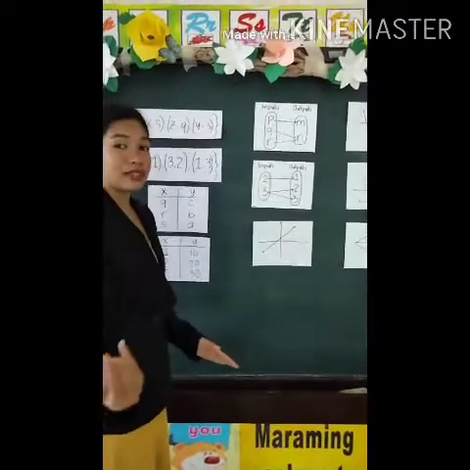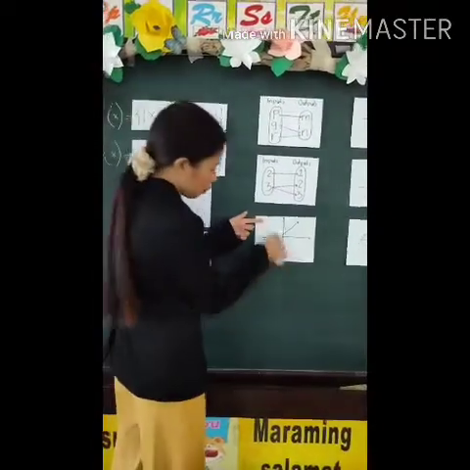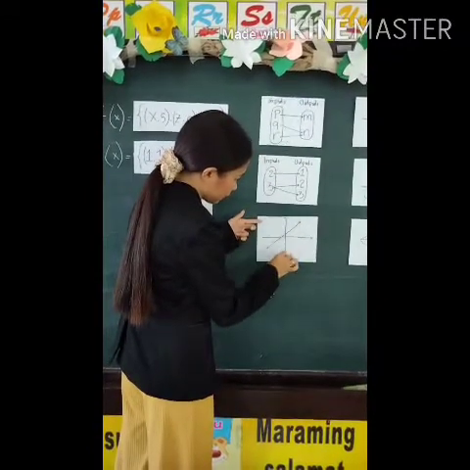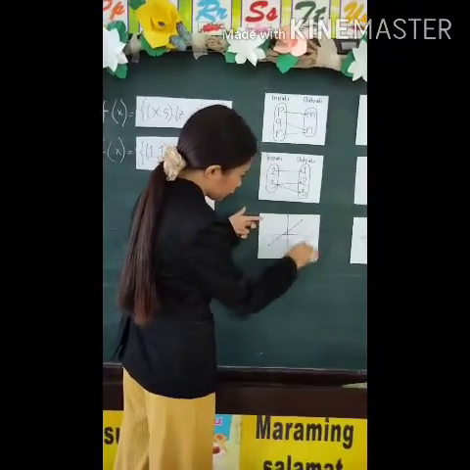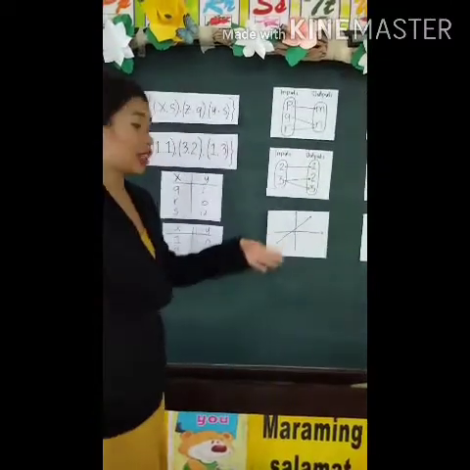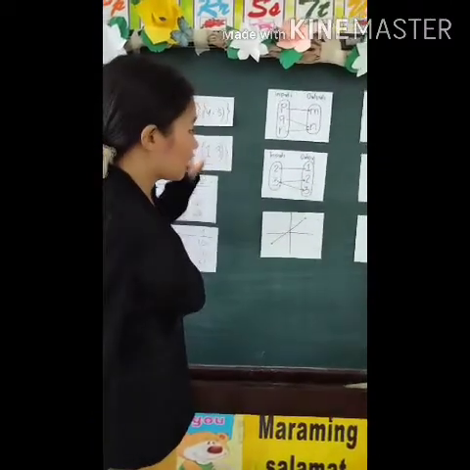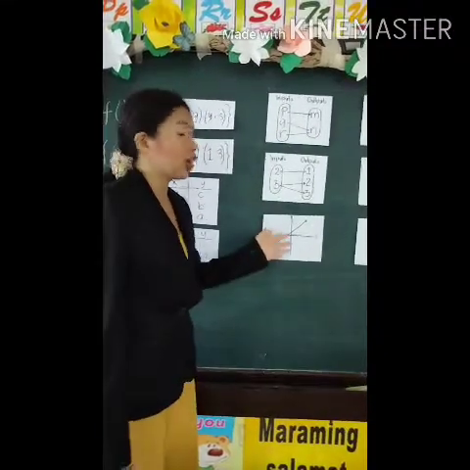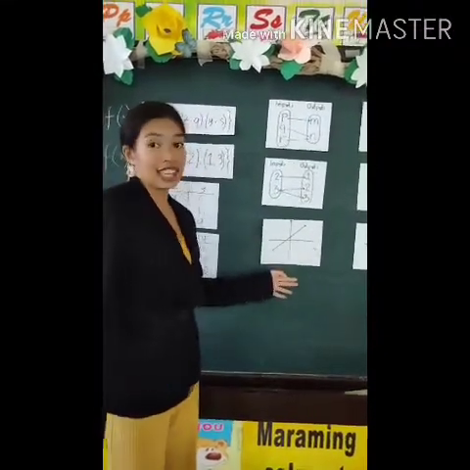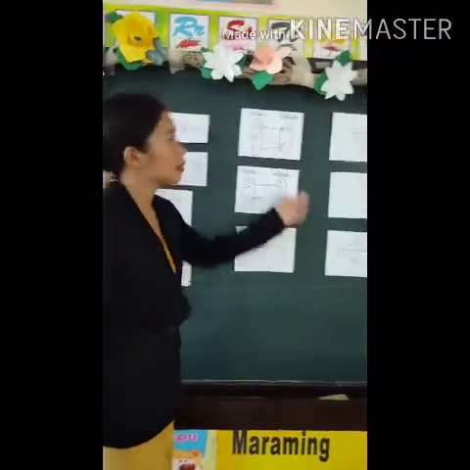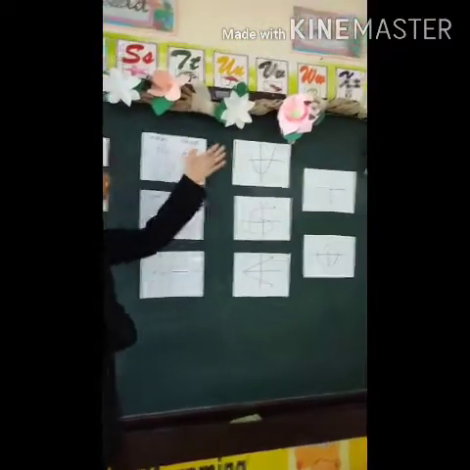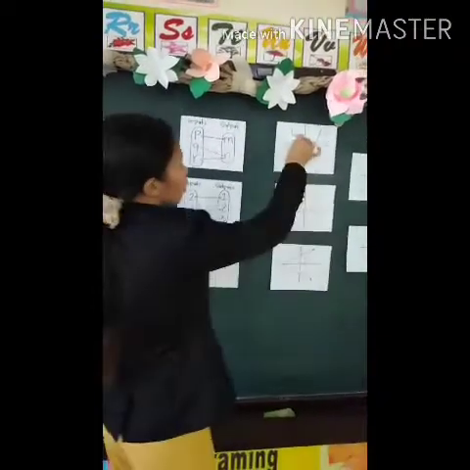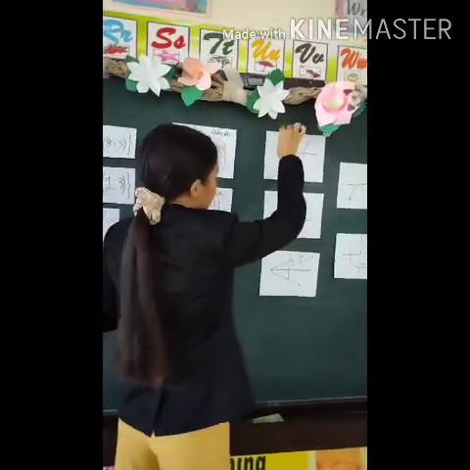First, here. If we use the vertical line test, we will do it like this. As you can see, the vertical line crosses the relation only once. So this is a function. While here, we do the vertical line test again.